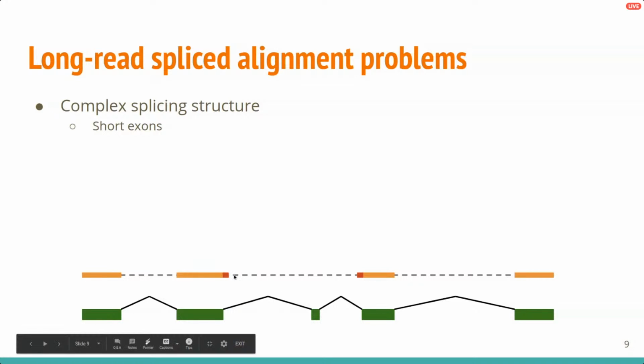So what we can do is take those red parts, which are presumably incorrectly aligned, because we know the correct annotated splice junctions here. We can see, is there a sequence close to what we see in the annotation for this short exon?